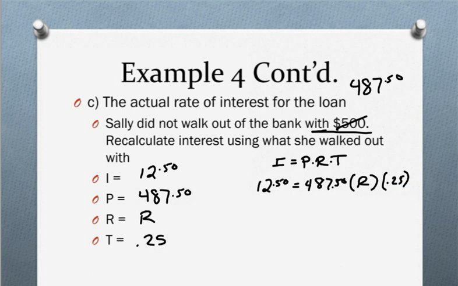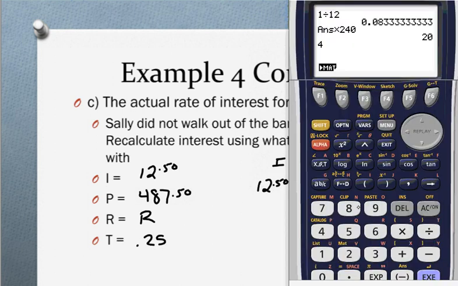Okay, and we would multiply this out. Let's go ahead and do that actually. So let's take our 487.5. You could do 0.50. I'm not going to. Times 0.25, or you could do times 1/4.